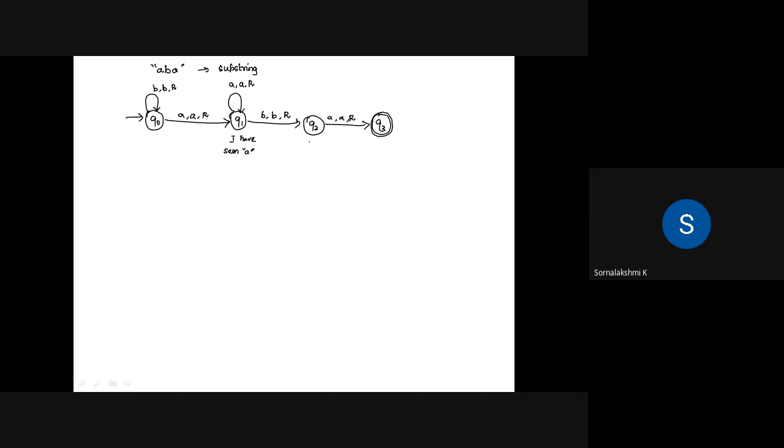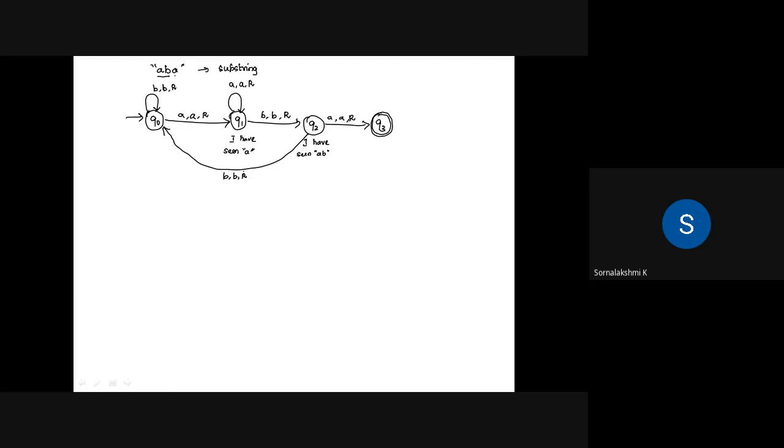Now, in case I've reached Q2, that means I've seen the substring AB. So here only A can occur. If I see a B, then the pattern is violated. I have to go back and start checking from the initial A. So after I see AB, I can see only an A. If I see a B, I should go back and start checking from the starting A. In that case, I'll just go back to Q0 because it starts with B. I'll rewrite it with B and keep moving right, because it's a substring.